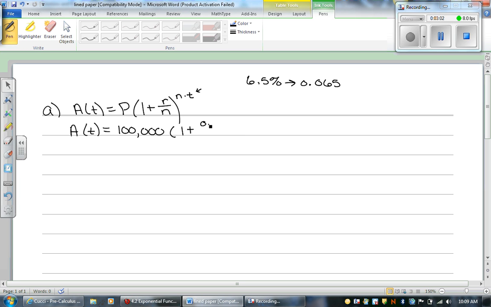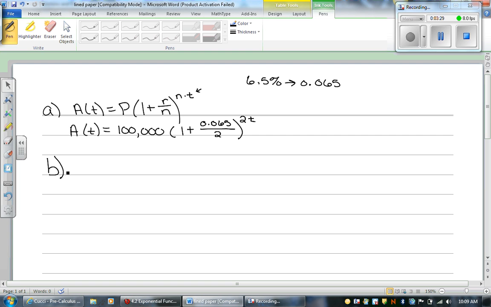So that's going to be 0.065 over the number of times per year. So since it's semi-annually, it's twice per year. And then again, twice times the number of years, and we're doing it in terms of the number of years. So we're going to leave that T right in there. So that is your function in terms of the number of years.